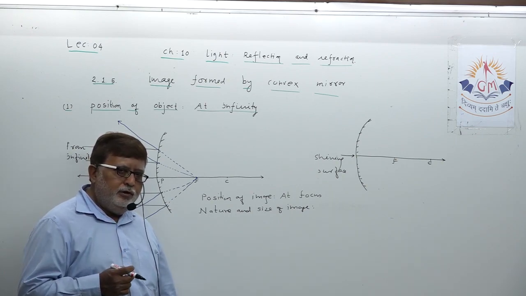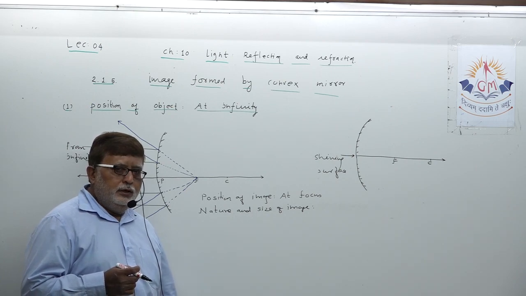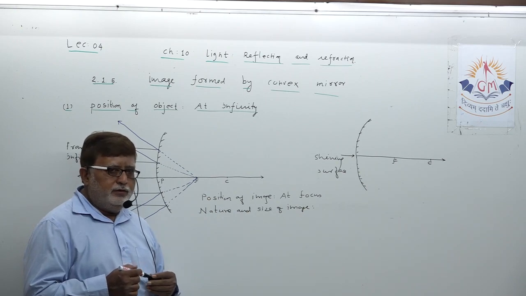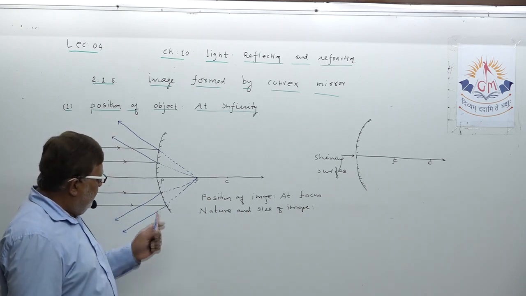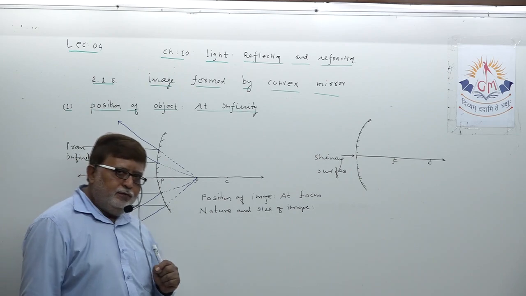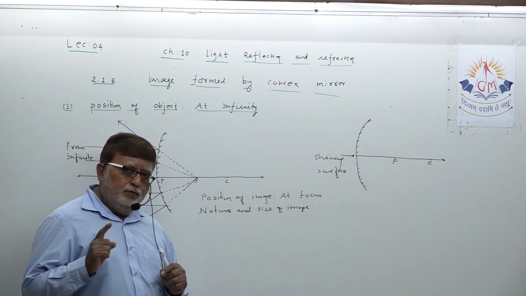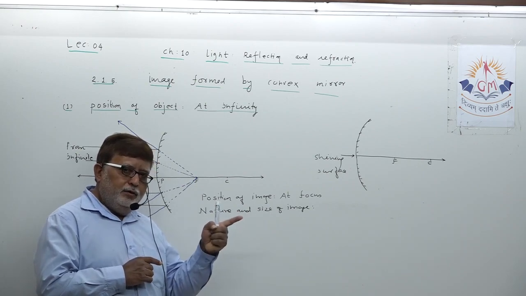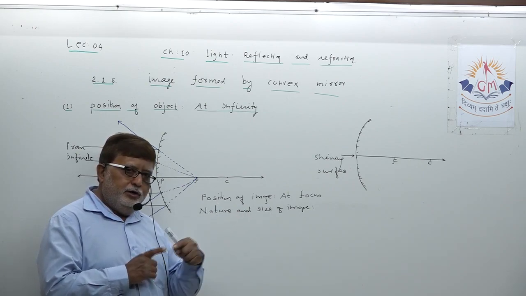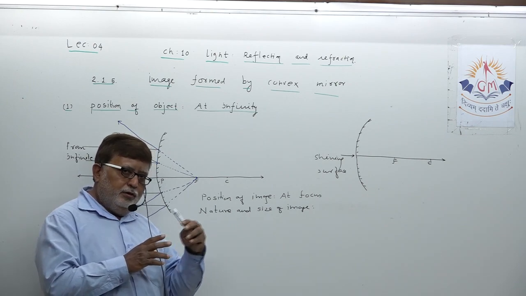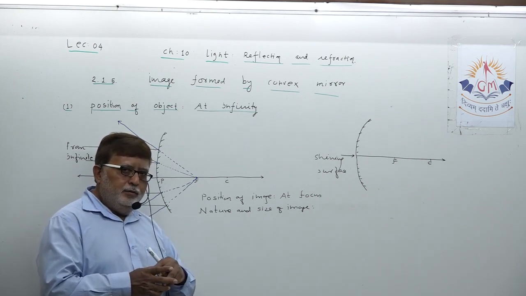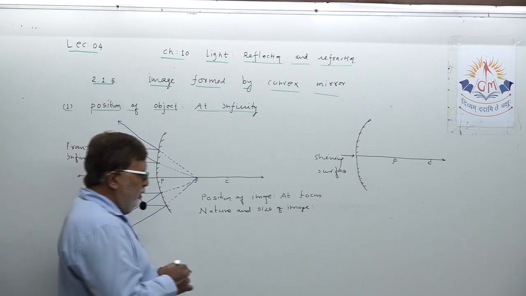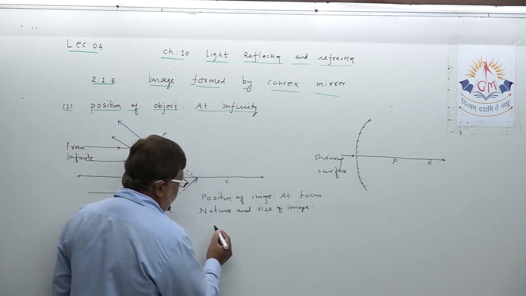So here the same thing is going to happen. The image is ultimately obtained at focus, that's clear. And the image which is obtained at focus is virtual, the contrasting word. There, real, inverted and diminished; here the words are totally contradictory to that. The image is virtual, erect and highly diminished, so I can write this way.